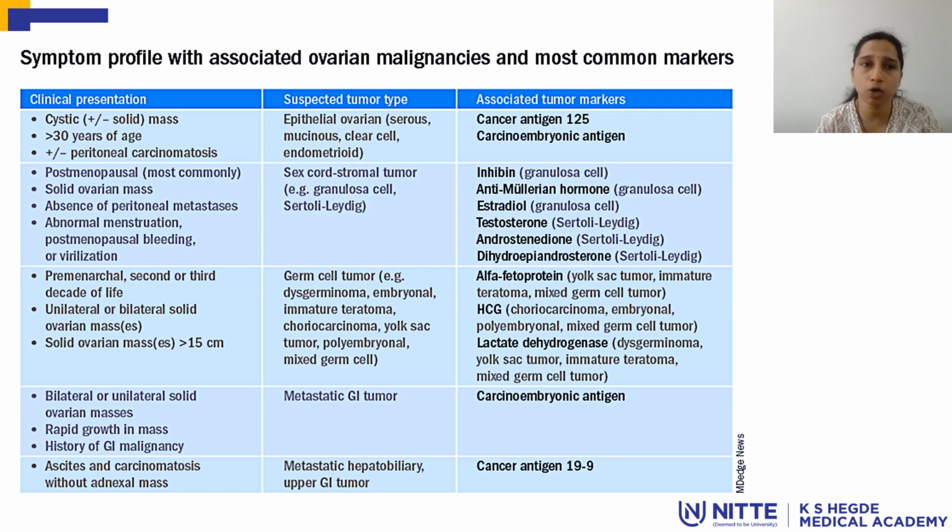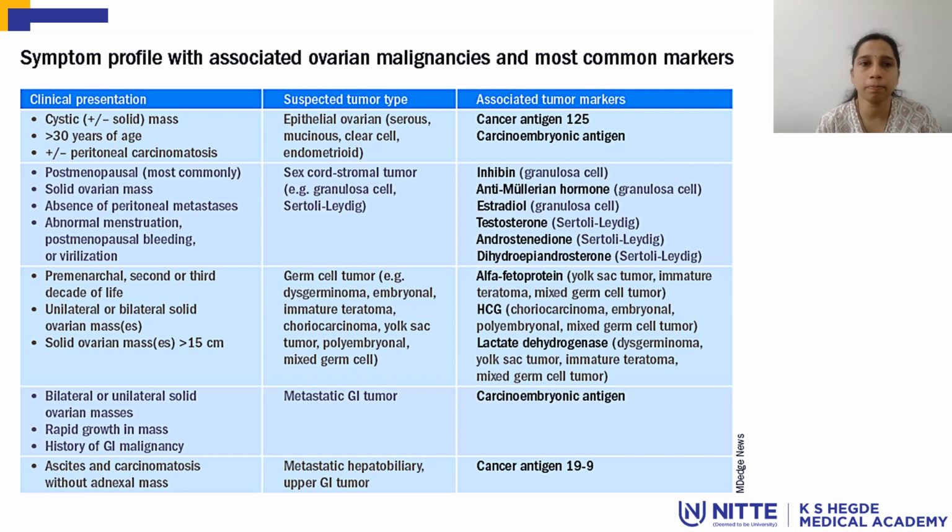If it is a postmenopausal woman, it is a solid ovarian mass and the patient presents with some hormonal manifestation like virilization, hirsutism, the suspected DD is sex cord stromal tumor. So we can select markers like inhibin or estrogen, testosterone, which are hormones.